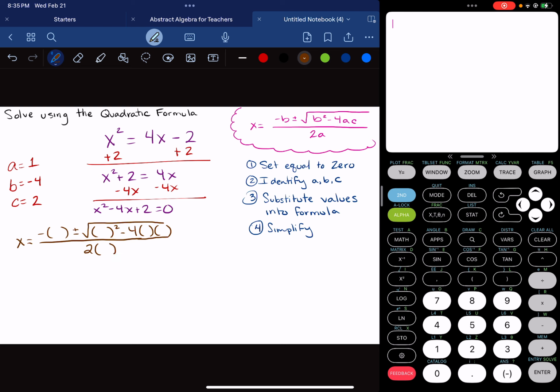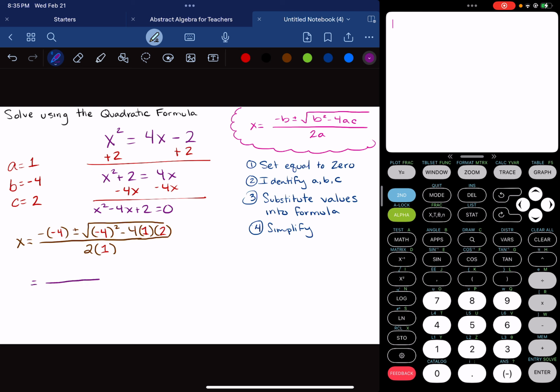Just like the previous video, I'm always going to start with setting up the form and then filling in my values. So everywhere there's a b, I'm going to put negative 4. A is 1, so I'll put a 1 here next to the 4 on this side, and in the denominator, and then finally c is 2. And from there we can keep going to simplify our problem.